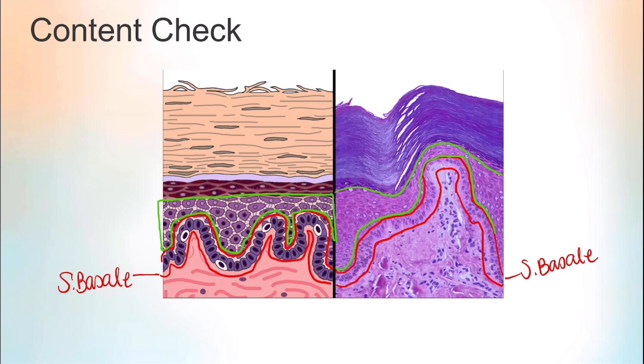Now you will notice that some of the cells do look a little bit different. They're not picking up as much dye as some of our cells in the basal layer, and that is just because of them differentiating. So they are no longer stem cells, they're slowly becoming either those keratinocytes, or they're becoming our dendritic cells. So spinosum right here.